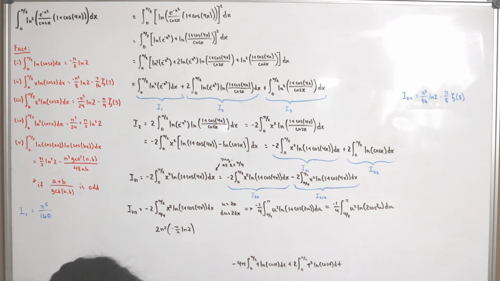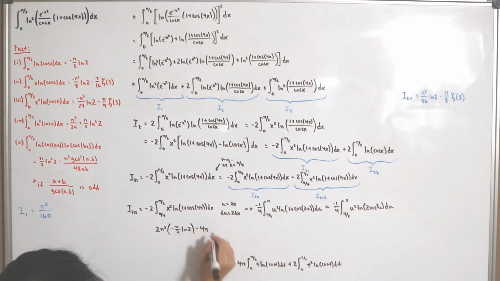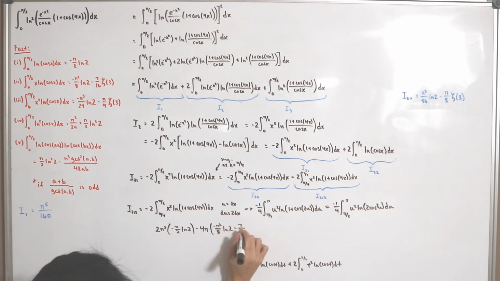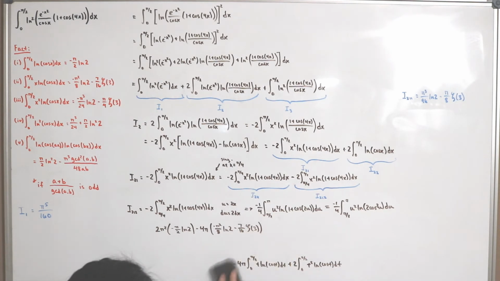I'll write the justification later after I expand all this out. So now we have negative 4π times the ln cosine t constant, from fact number 2, so π²/8 ln 2, minus 7/16 multiplied by the a priori constant. That's justified from fact number 2.